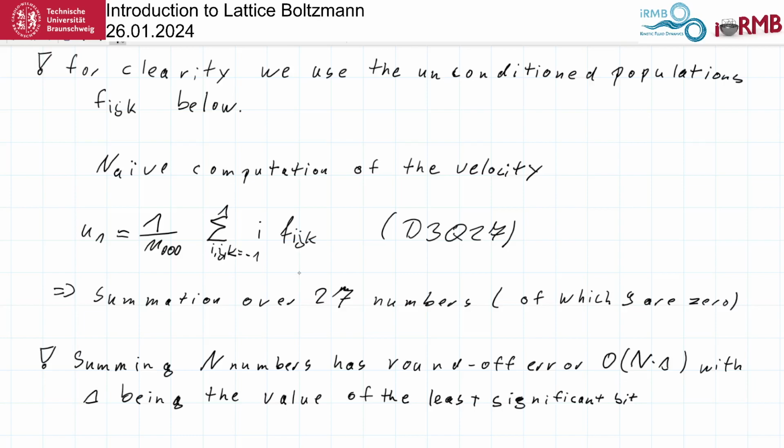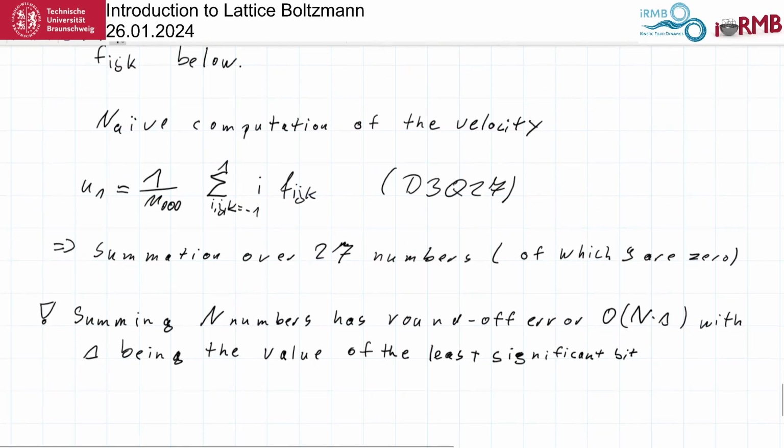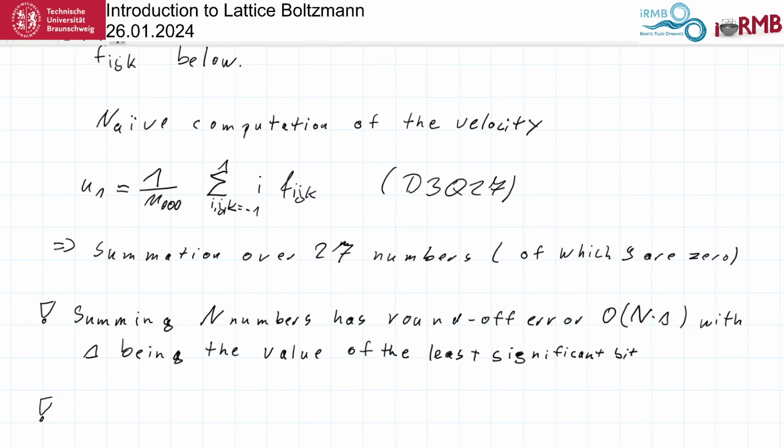So what we already see here by just computing the velocity is that that's not the only one. We have other moments, but the computation of these moments is always done as sums.